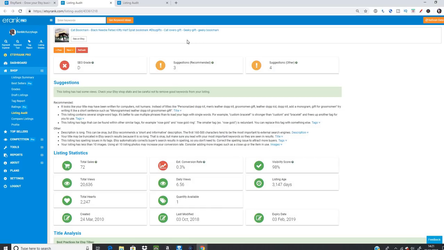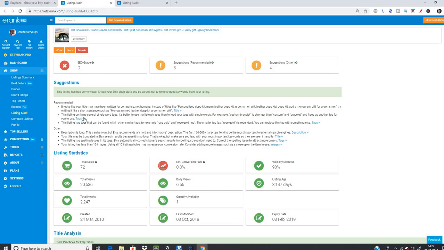Some of the things I might be ranking for, but they drive no traffic. So if something, imagine geeky gift was a keyword that there's very little competition for, it's possible I might rank for it if I just use it as a tag. I might not need it as a title. So it's important to look for all these things. However, as we've seen, this listing is doing really well, so I ain't gonna touch it.